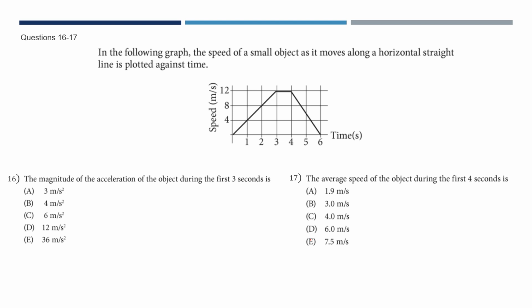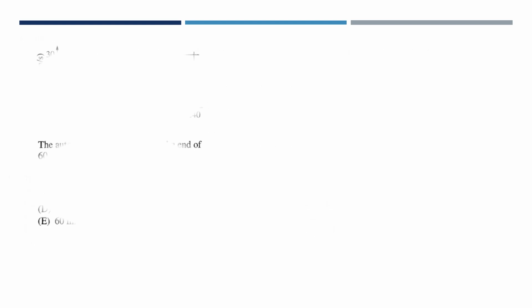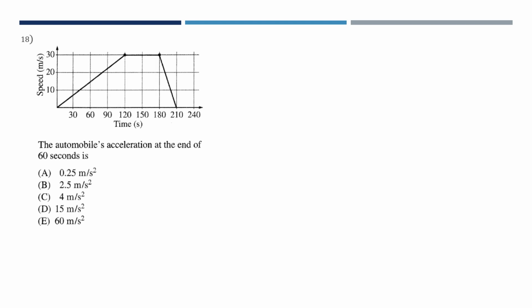Fine, let's move to question number 18. We have a graph between speed and time, and we would like to find the acceleration of the automobile at the end of the 60 seconds. Again, how to find the acceleration from the speed time graph?